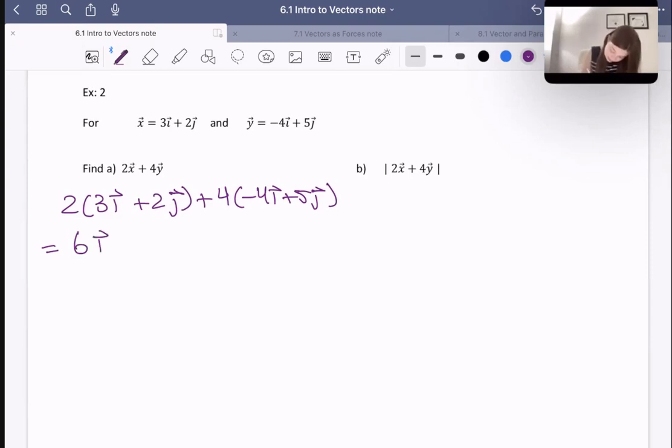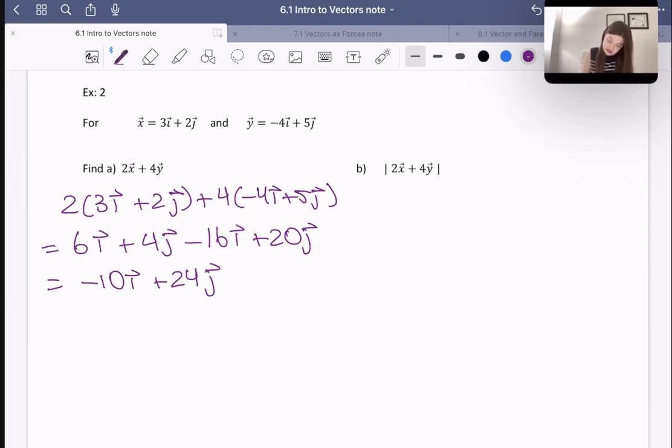So 6i plus 4j minus 16i plus 20j, right? Another characteristic said we could rearrange the order of them, which means we can collect like terms. So we're going to get negative 10i plus 24j. So that's going to be negative 10 comma 24.